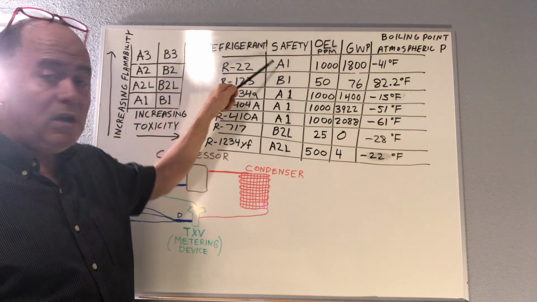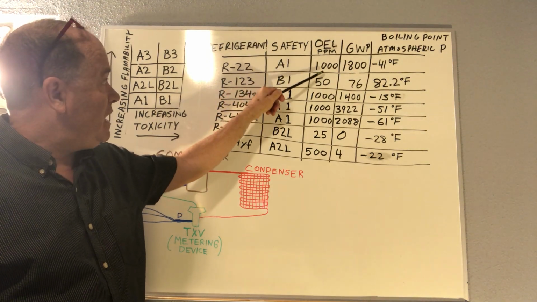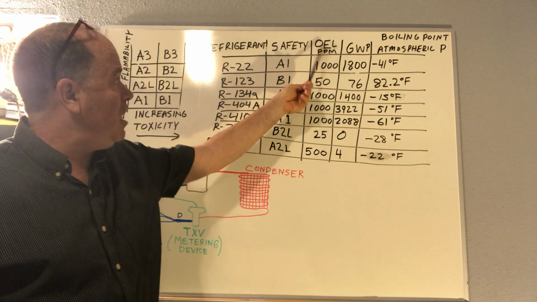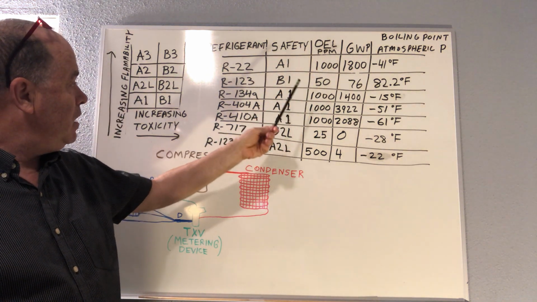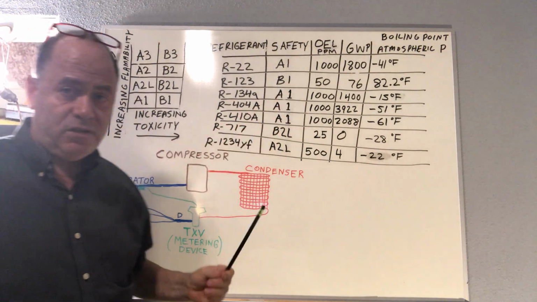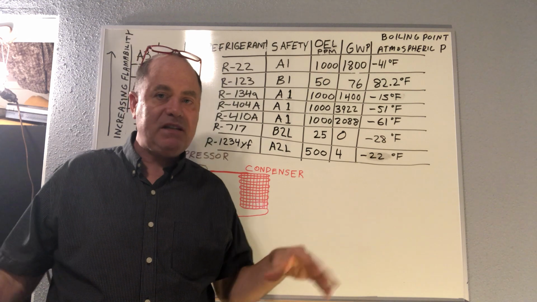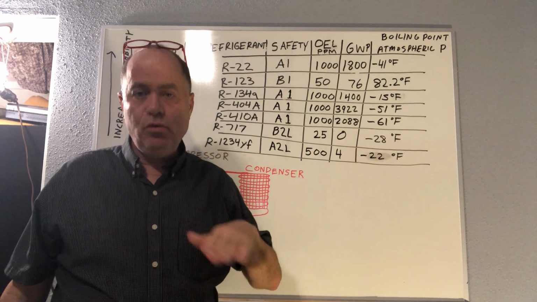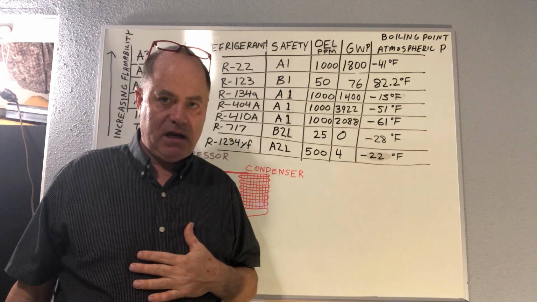R22 is an A1 classification, not flammable and not toxic. And it has an OEL, or occupational exposure limit, which most of the A1s have, of 1,000. Means you could have 1,000 parts per million of R22 in a space, up to that, continually for 8 hours, and you'd be okay.